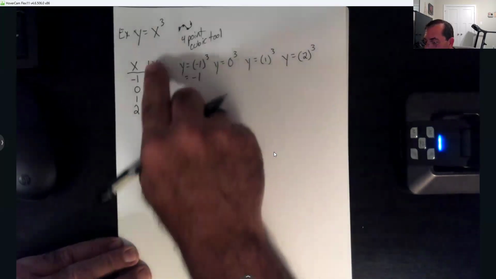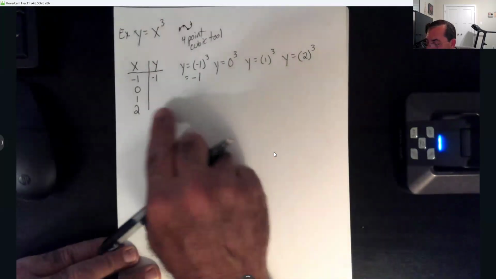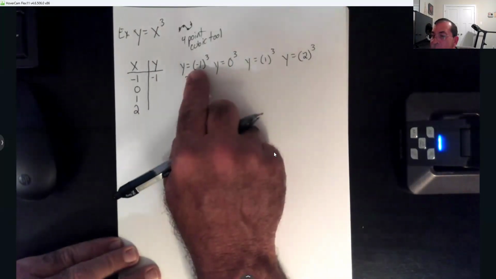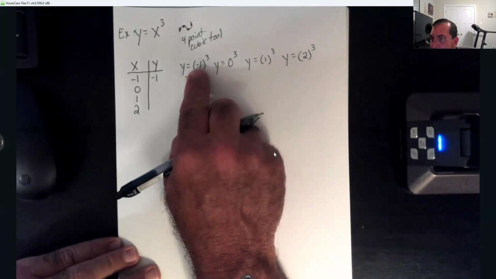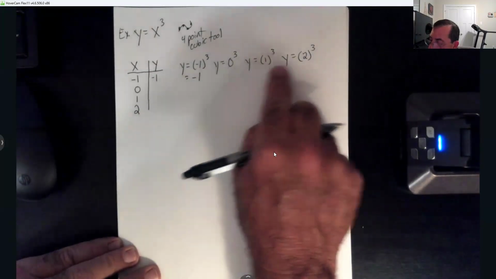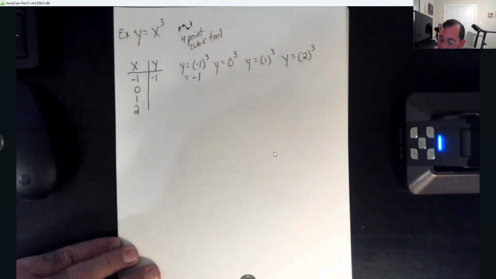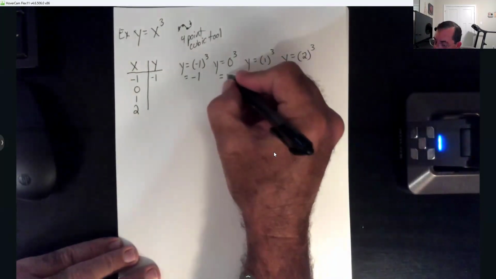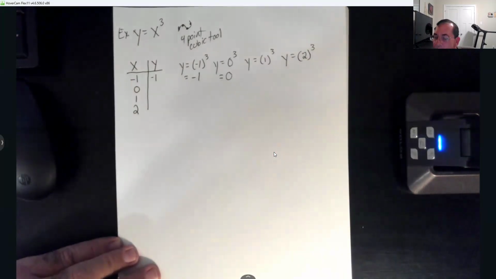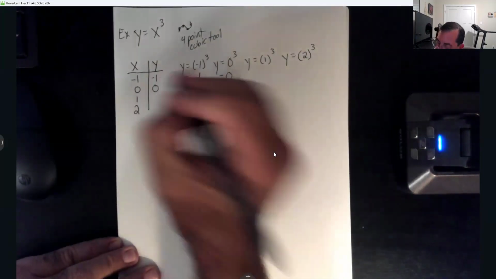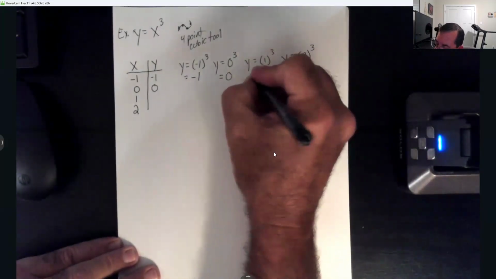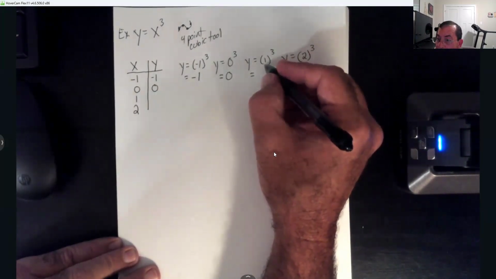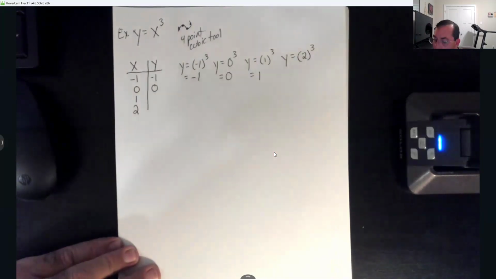So when you got a cube, if there's a sign in front of the number, it's going to stay negative, okay? All these are going to stay positive. All right, y'all. 0 times 0 times 0 is a big 0. All right. 1 times 1 times 1 is a 1.